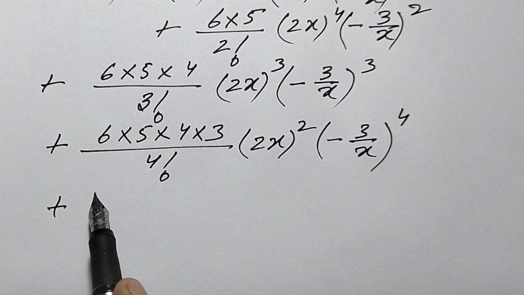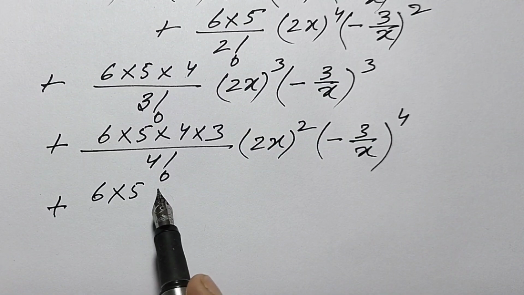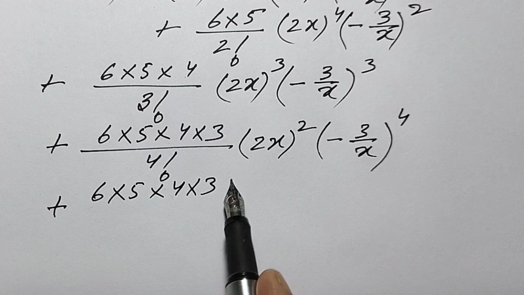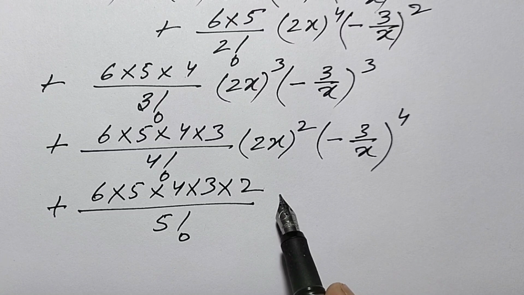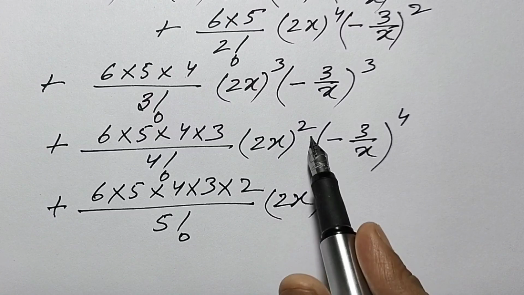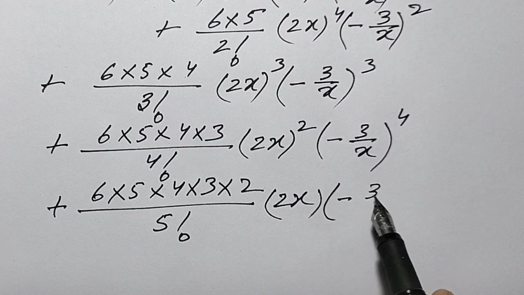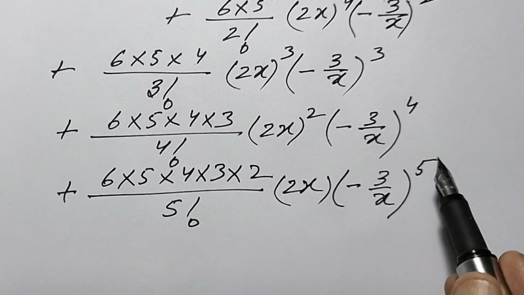And in the next term, we have 6 into 5 into 4 into 3 into 2 divided by factorial 5, 2x raised to the power 1 and minus 3 upon x raised to the power 5.